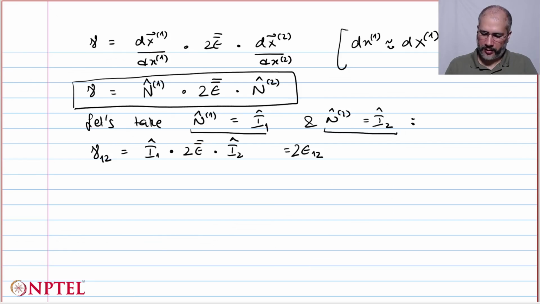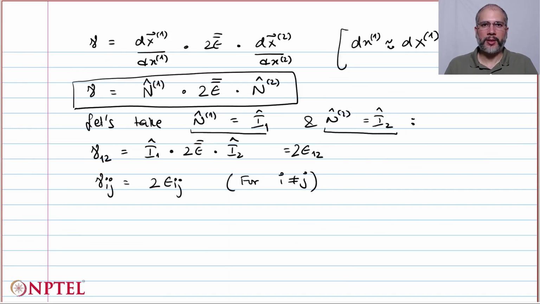Sorry, there's a 2 here. In general, I can write gamma ij as twice epsilon ij for i not equal to j. Remember, this works when n1 hat and n2 hat are perpendicular to each other that we had assumed for the discussion. And this quantity gamma ij, which is like a measurable quantity because it's the change in angle between line elements which are at right angles to each other in the undeformed configuration.